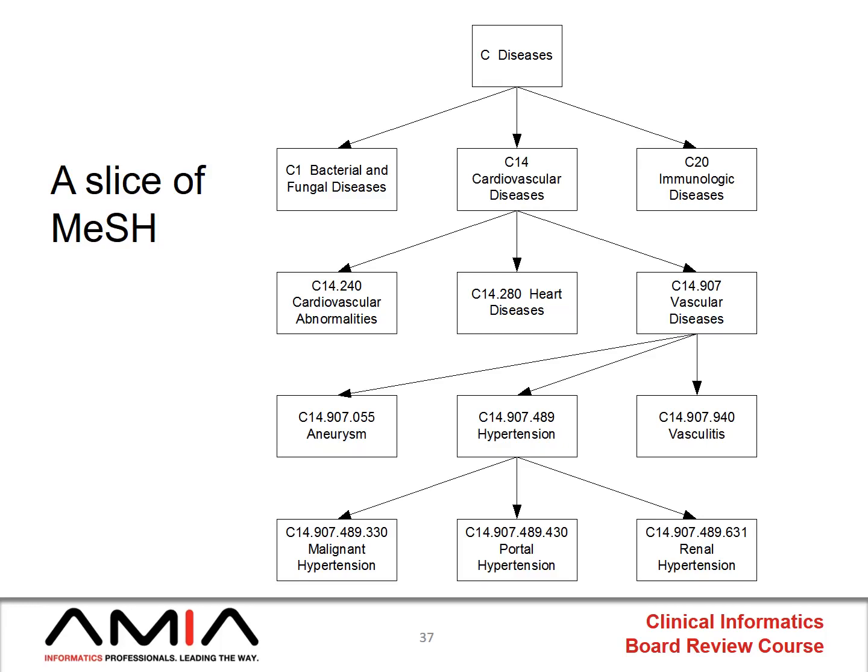And then we see that vascular diseases is broken down into certain types of vascular disease, such as aneurysm, hypertension, vasculitis. So this is an example of the MeSH vocabulary from the viewpoint of taking a slice through it down the disease tree.